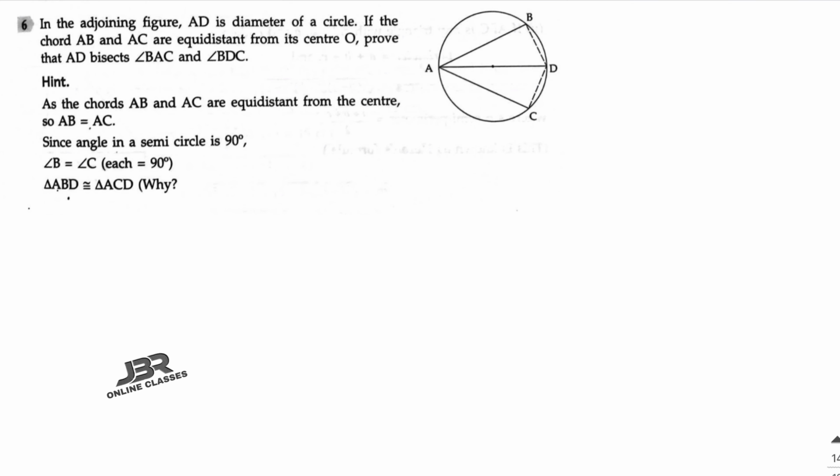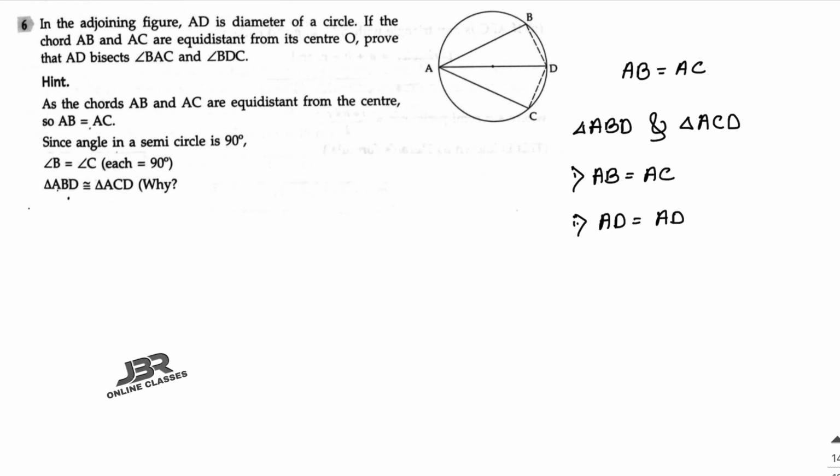As AB and AC are equidistant from the center, definitely AB is equal to AC, because equal chords are equidistant from the center. Then from triangle ABD and triangle ACD, the first condition is AB is equal to AC. Condition number 2, AD is equal to AD, common side.